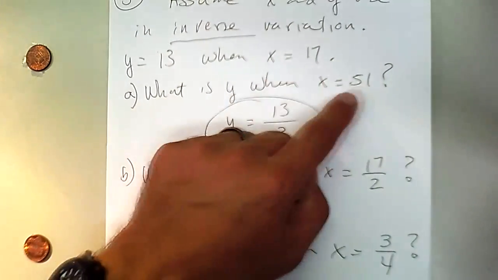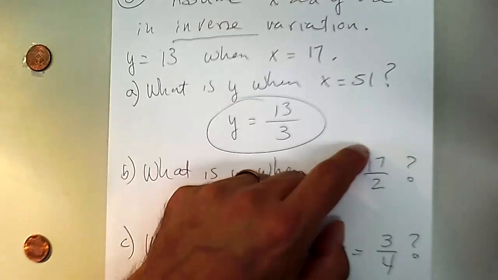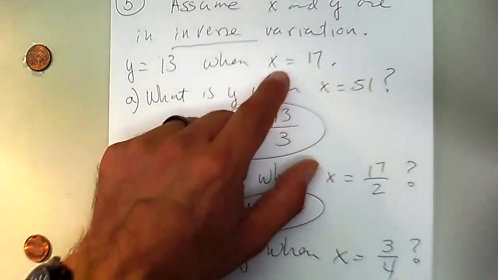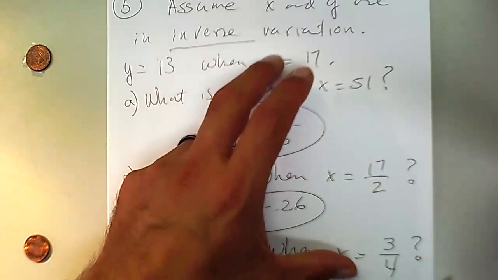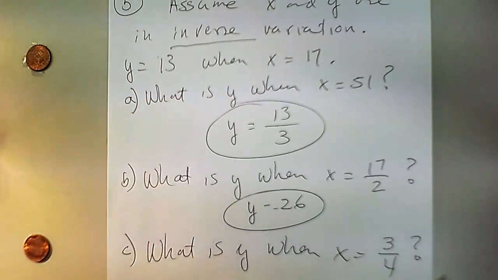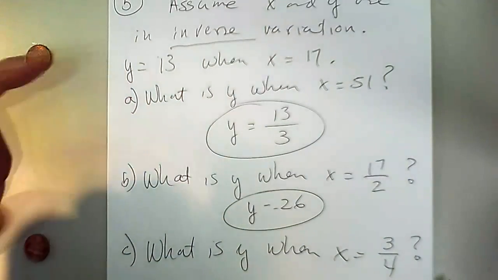It's not like 51 that is 3 times as much, or 17 over 2, which is exactly half of that. To go from here to here, who knows what we have to multiply by, and then we have to do the opposite, which is the reciprocal, to get to the output.